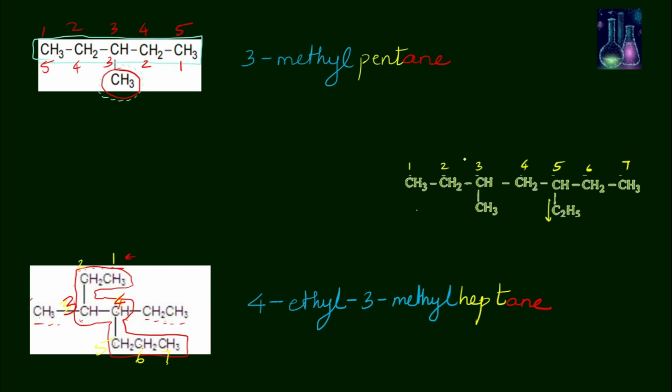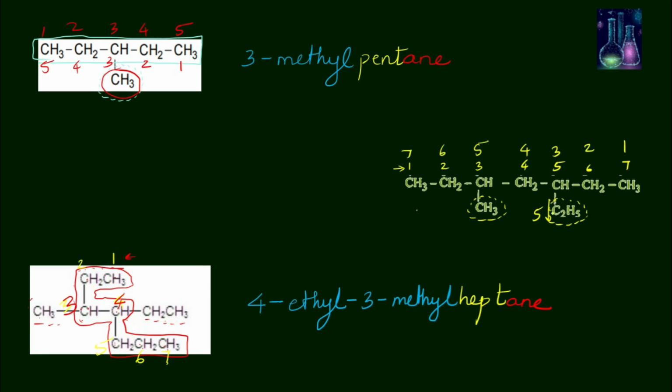If I start the numbering from this end, this substituent gets the 3rd position and this substituent gets the 5th position. And if I start the numbering from here, 1, 2, 3, 4, 5, 6 and 7.